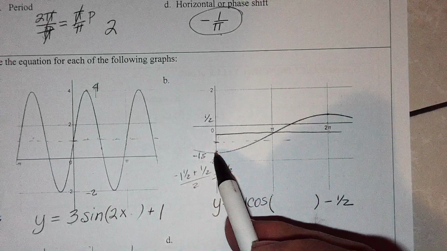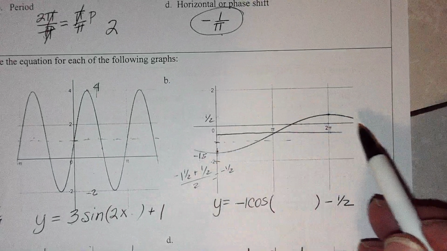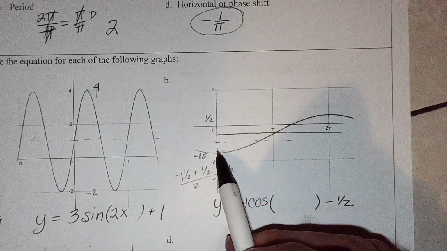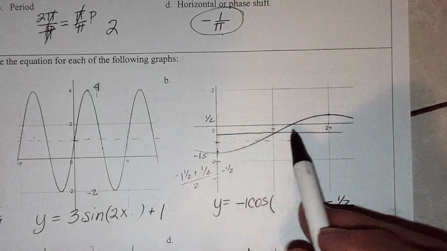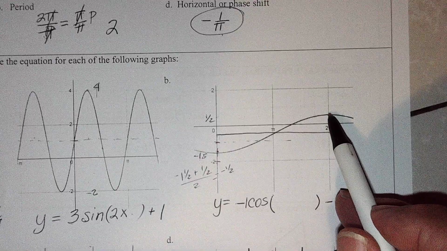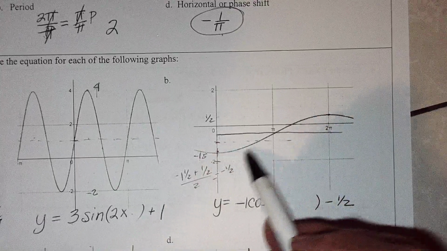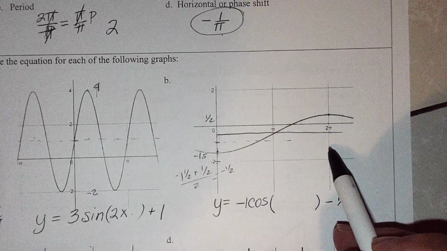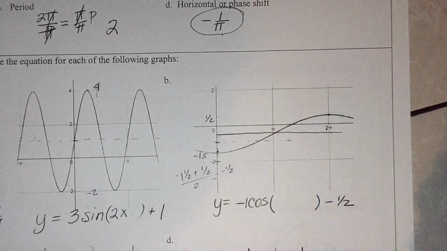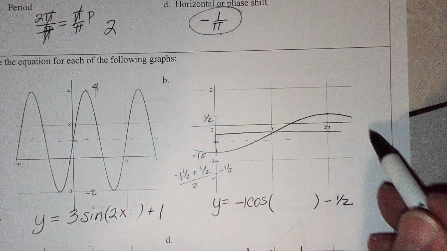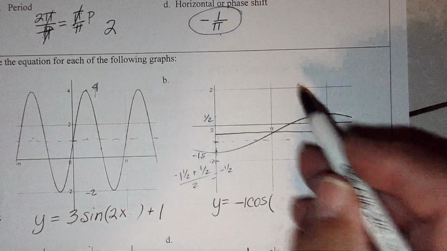And the period appears to be, well, it starts at the bottom here at 0, and by 2 pi it's at the top. Now a normal cosine curve would be all the way up and back down by 2 pi, so it only got half as much in there. So the full period must be 4 pi.